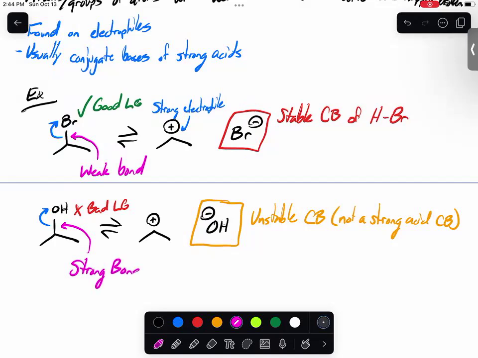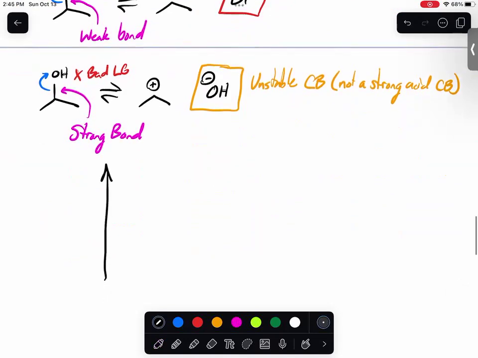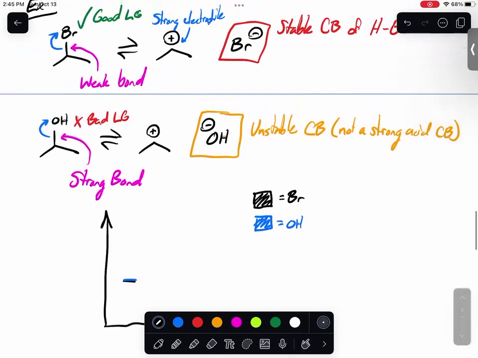And remember, all of this is rooted in the idea of what is essentially energy. Because if we were to look at an energy diagram of these two, right, both of them are going to start out as generally the same energy, right? We'll make one blue, so the blue trace will be the OH, the black trace can be the Br. And they're both making the same carbon-containing product.